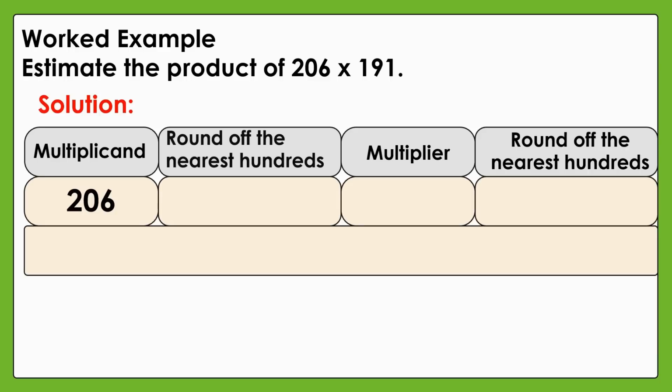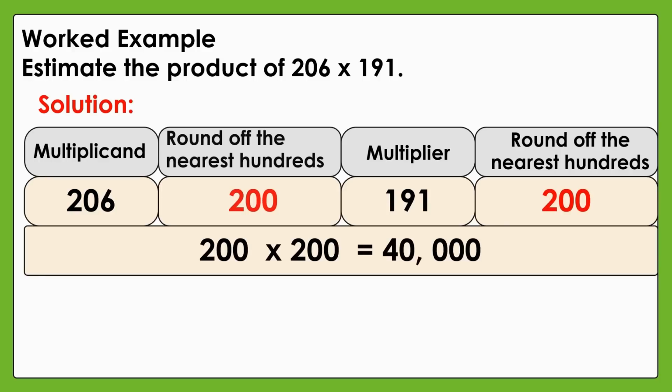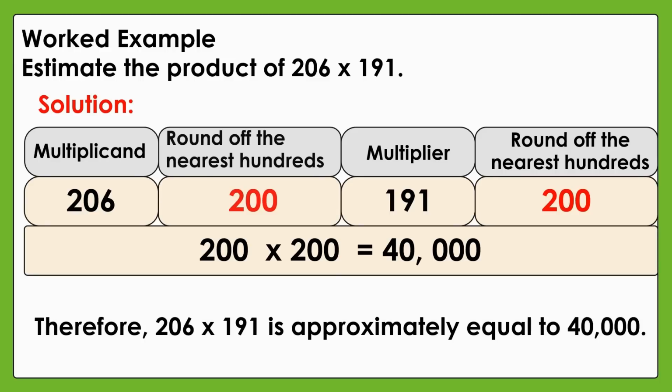Multiplicand, 206. Round off to the nearest hundreds, 200. Multiplier, 191. Round off to the nearest hundreds, 200. 200 times 200 is equal to 40,000. Therefore, 206 times 191 is approximately equal to 40,000.